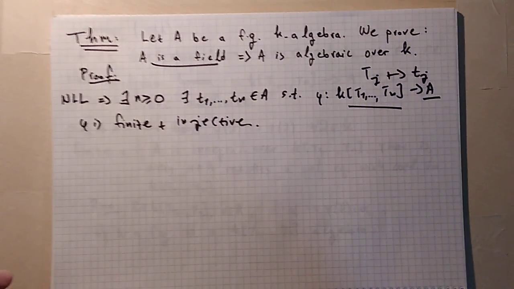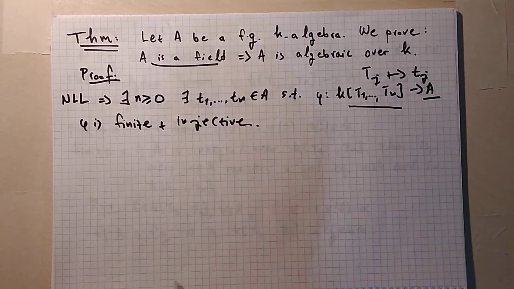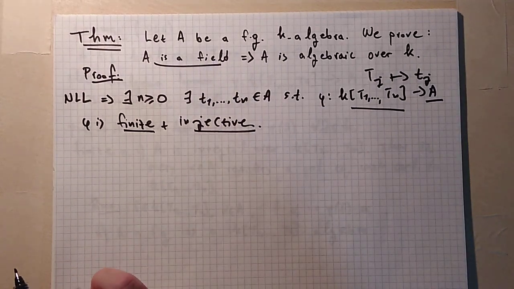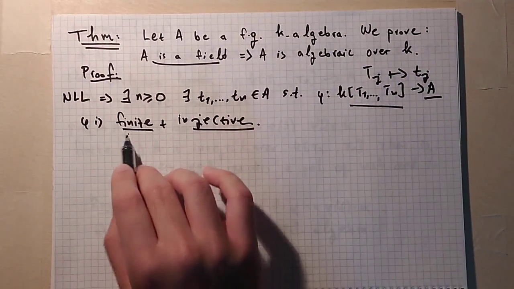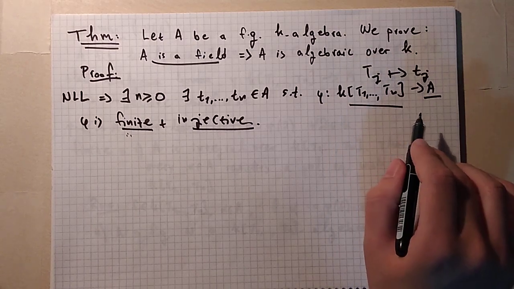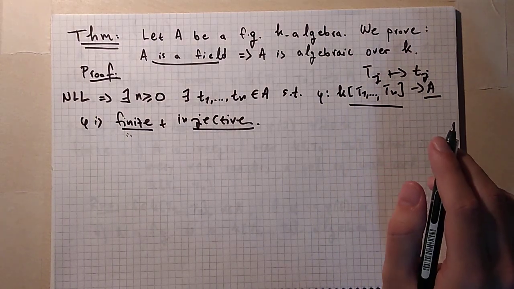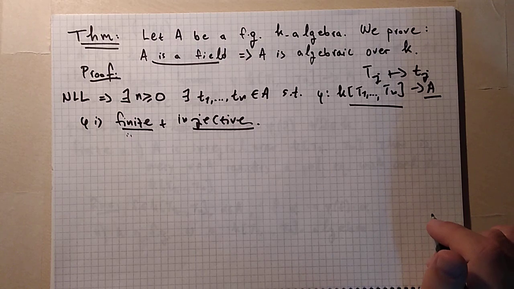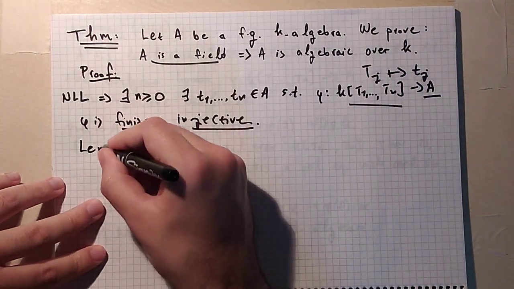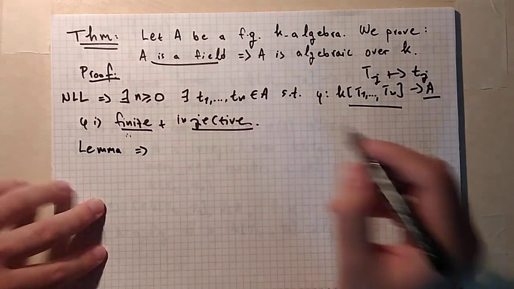And we also have that our map is injective and finite, which means, among other things, that A is integral over this polynomial ring. So this gives us the right to apply the lemma we just proved.